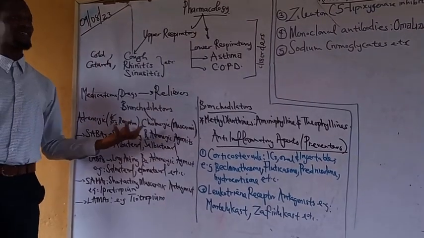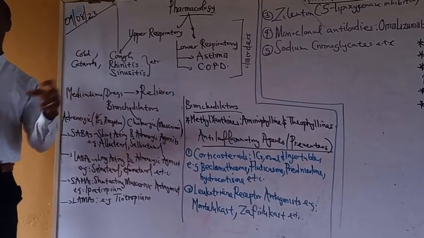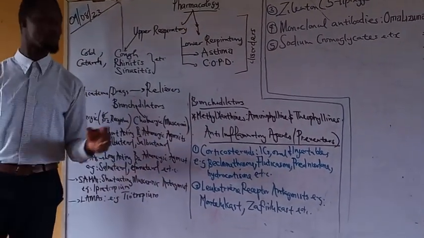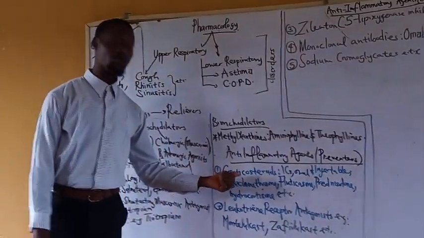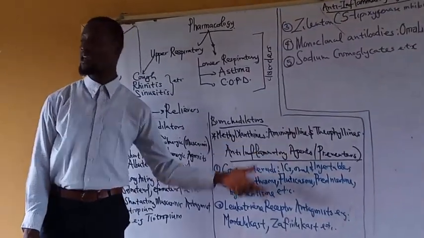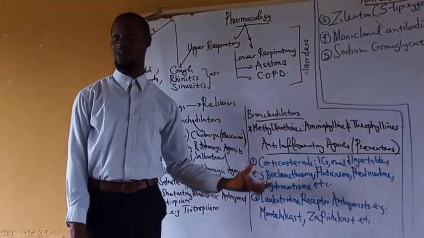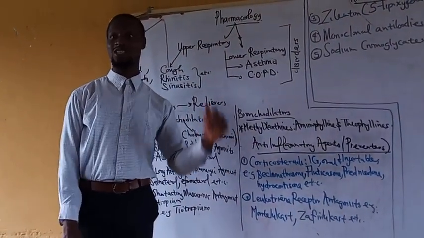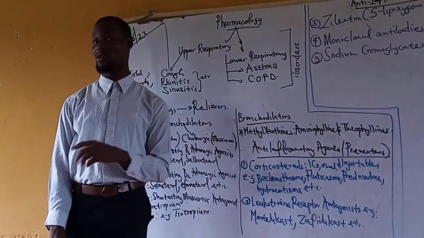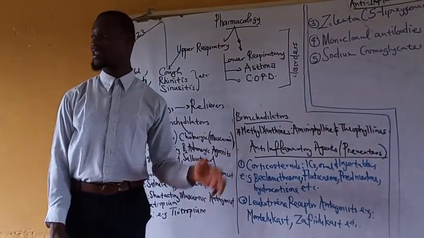Now, for the anti-inflammatory, we have a lot of them, but the ones most likely used are the corticosteroids. Since the problem we are dealing with is limited majorly to the respiratory system, usually we give the ICS, the inhaled corticosteroids, through the inhalational or intranasal route. We try not to give it via the systemic route because we want to avoid systemic side effects.